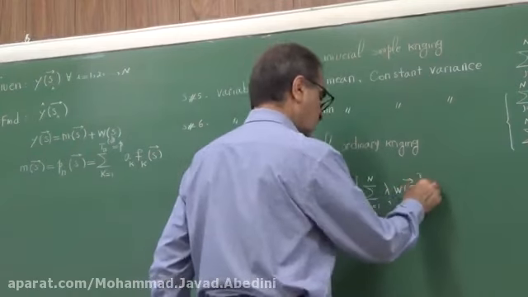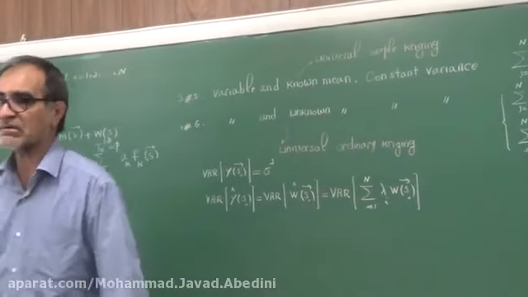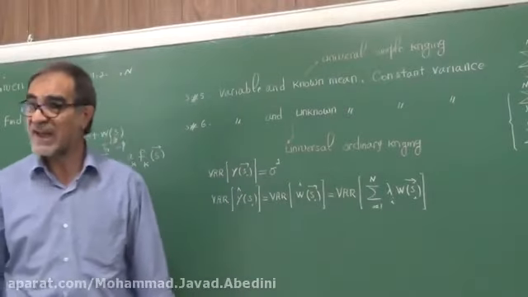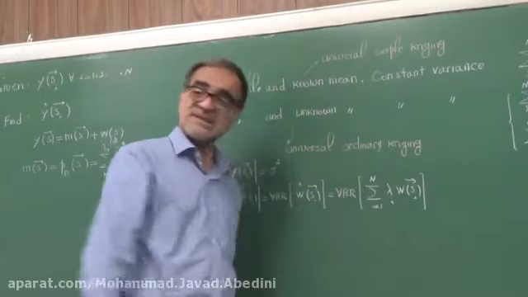Here, we are not going to ask ourselves whether this linear combination is admissible or not. Why? Because W here is stationary.